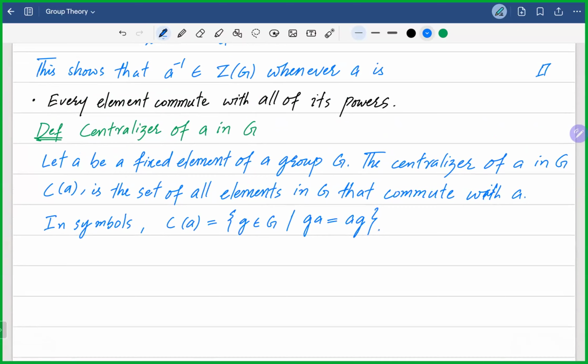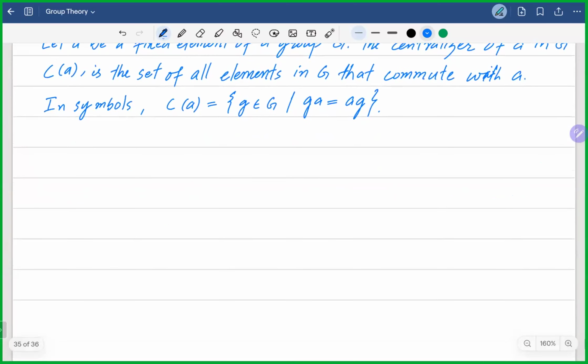Now we present an example. So example 15, which says that in D4 we have the following centralizers. The centralizer of R0 is D4 itself, and the centralizer of R180 is also D4.